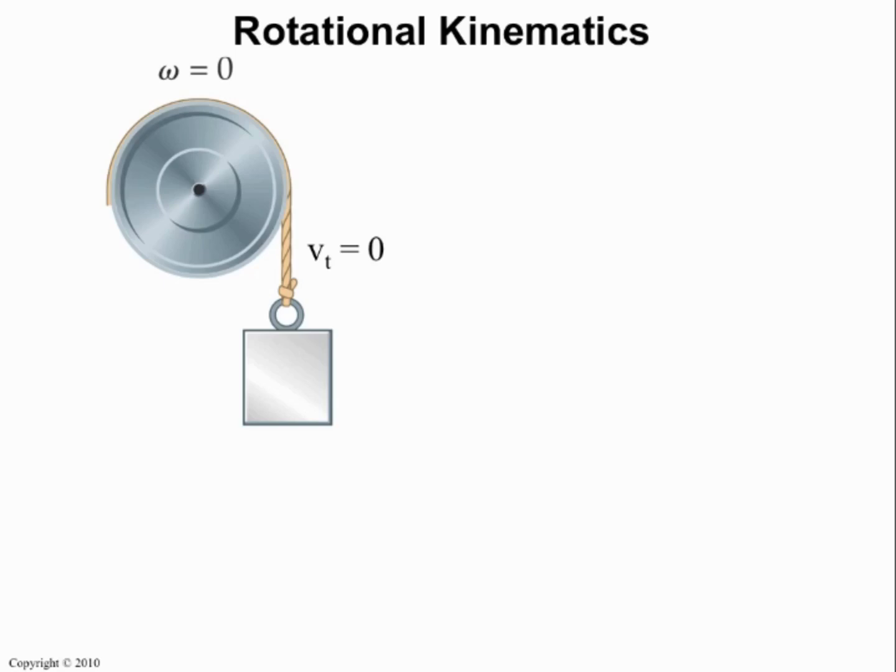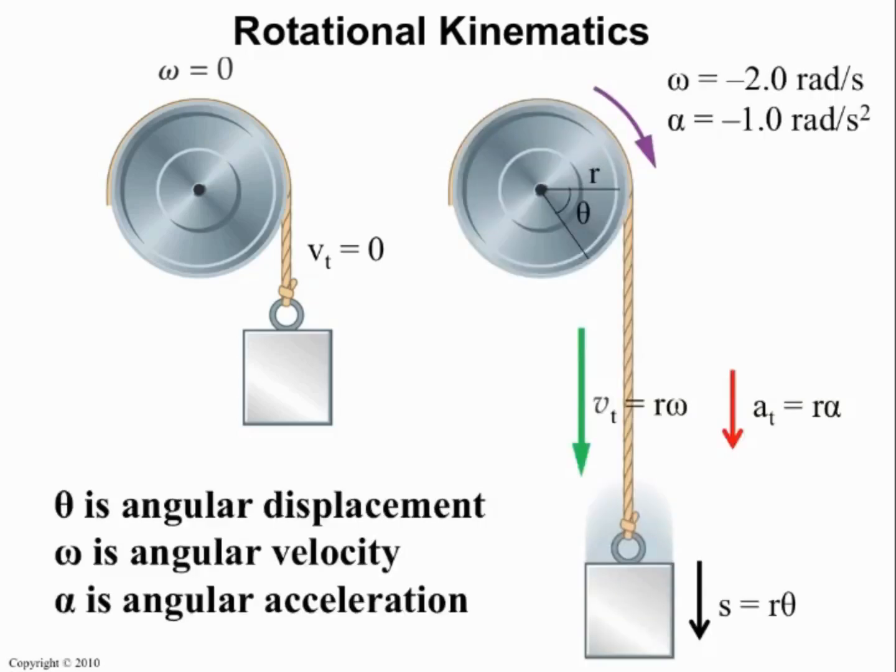You probably already guessed what would happen. The mass would accelerate towards the ground, and the wheel would spin faster and faster. In other words, there would be an angular acceleration. And sure enough, that's what happens. Now let's look at this diagram.